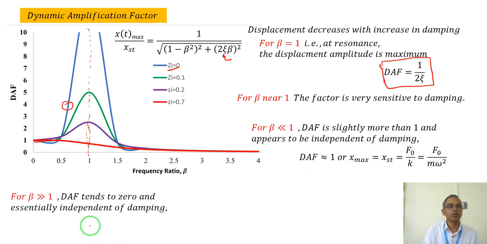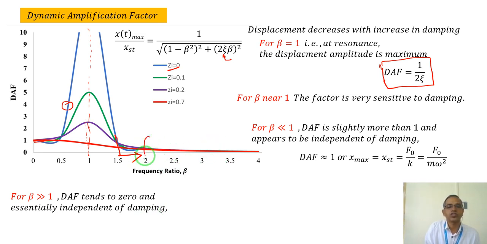Now, suppose beta is very much more than 1. That means around this, from here, more than 2, let us say. What happens? The dynamic amplification factor tends to 0. And essentially there also it is independent of damping, because all curves are meeting at the same point.